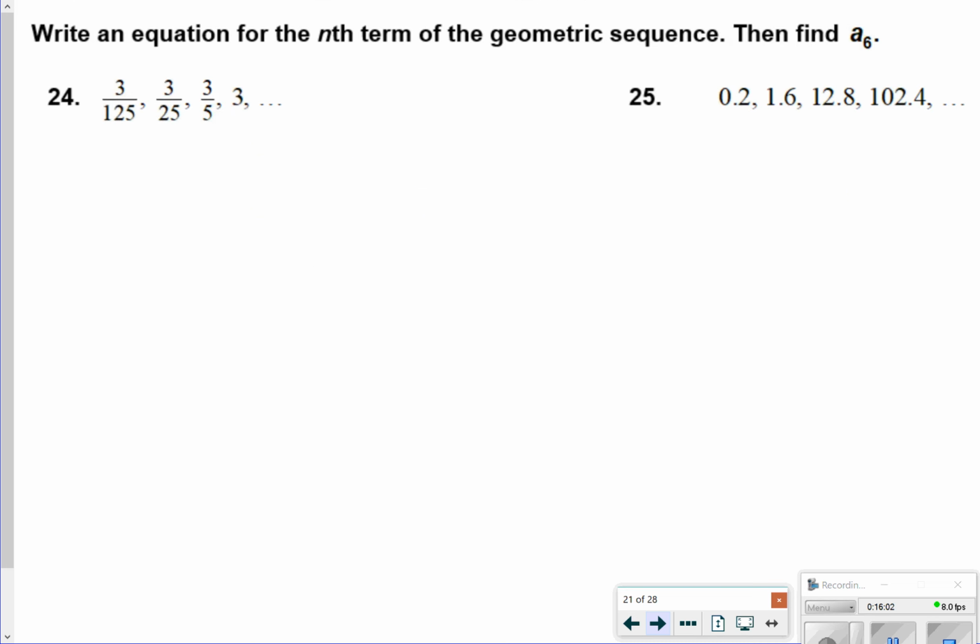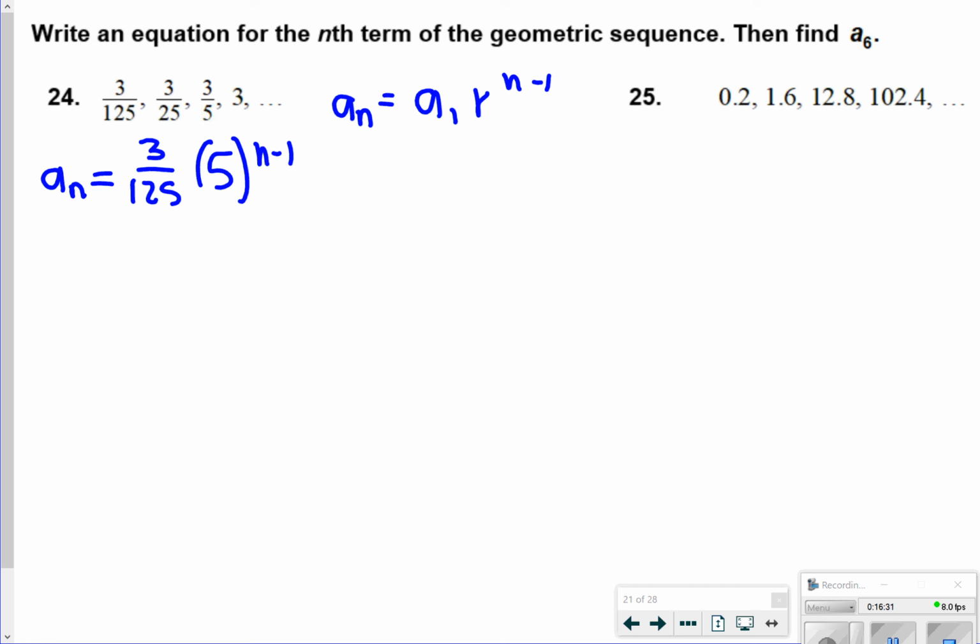24, write an equation for the nth term of the geometric sequence and then find a of 6. So what I need to do first is write my geometric sequence formula. So I'm going to have a of n first, and then a1 is my first term, so that's 3 over 125. And then r stands for my common ratio. Every time I'm multiplying this by 5, so my common ratio is 5. And then n minus 1.